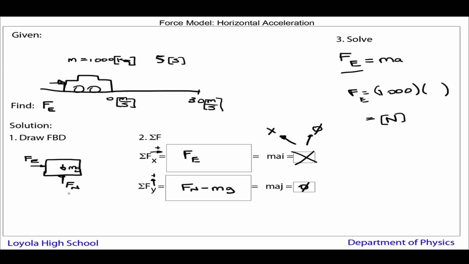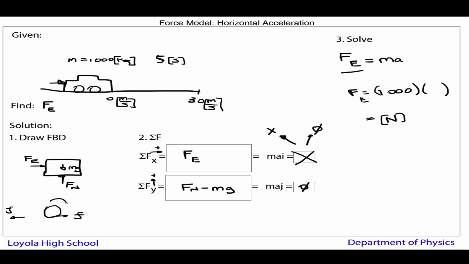One final note. This force of the engine, if we dig a little bit deeper, works like this: when you have a car that's accelerating, here's one of the wheels. It applies a backward force on the ground. It's actually the static frictional force, and the force on the wheel is forward. So the engine is supplying the force, but it works its way down the drive shaft and drivetrain to the tires, and really it's the frictional force pointing forward.